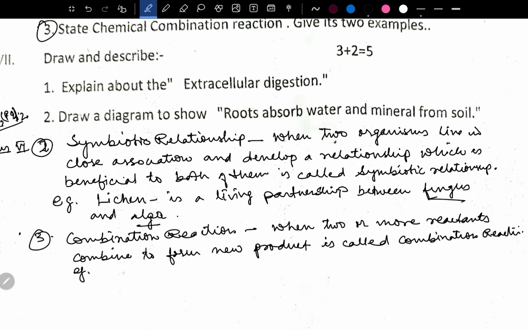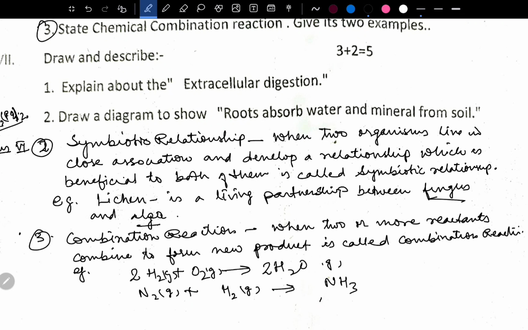So simple examples are given in the book, and this is H2O, all are in gaseous form, and since we have to write balanced equation, so it should be here 2 and here it should be 2. Another example is nitrogen gas plus hydrogen gas, and it will form ammonia. This is also gaseous form, and now again we have to balance the equation.